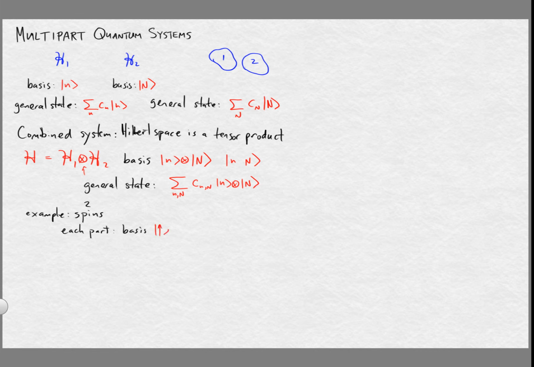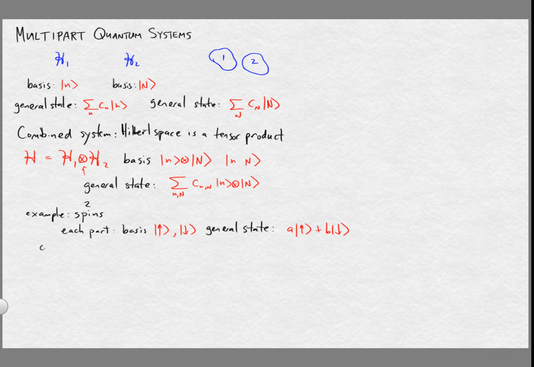So we can label those as up and down, and the general state for each part would look like some number a times the up plus some number b times the down. And I'm not worried about normalization here. If we want to normalize, we can demand that a squared plus b squared is equal to 1.